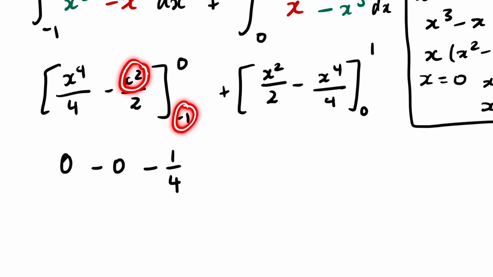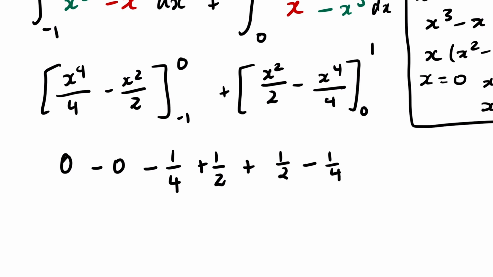And then -1 squared is +1, times the negative will be -1, but then times the negative on the outside will make it a +1. Plus, and then over here, we'll end up with a half minus a quarter. And then when you substitute in your zeros, you'll get the same.